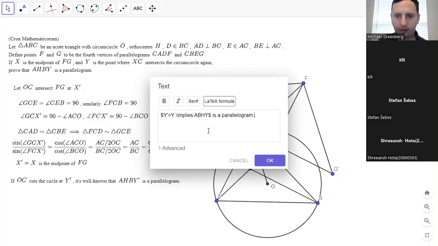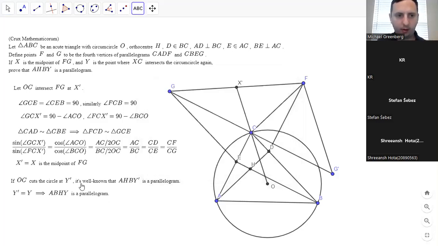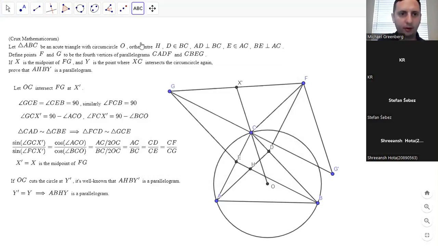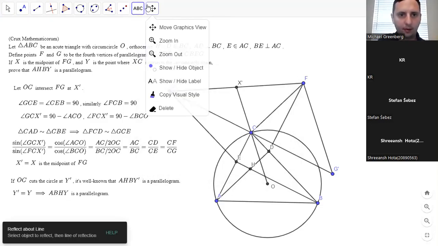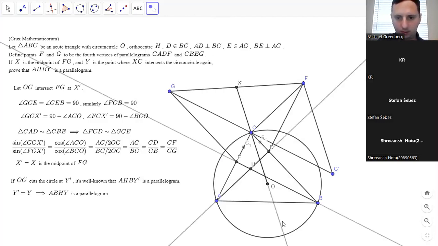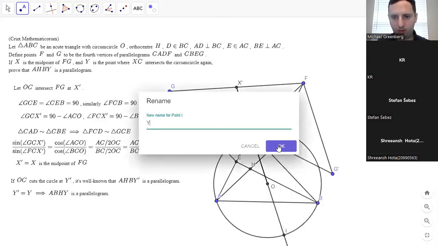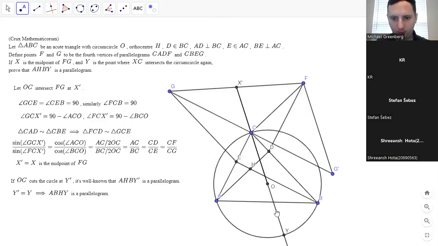All right, so I'm going to draw that point Y, just because the solution feels a little weird without it. All right.